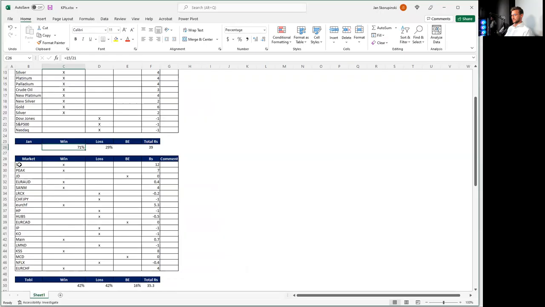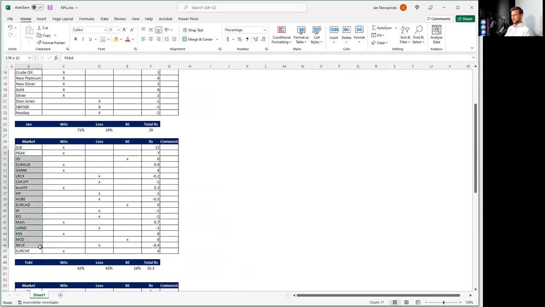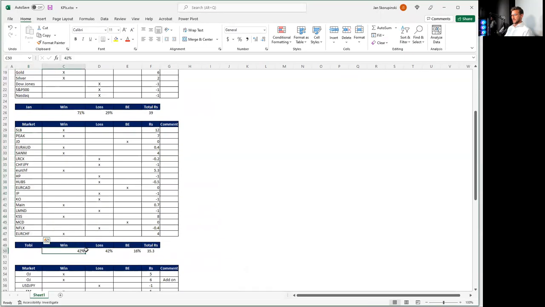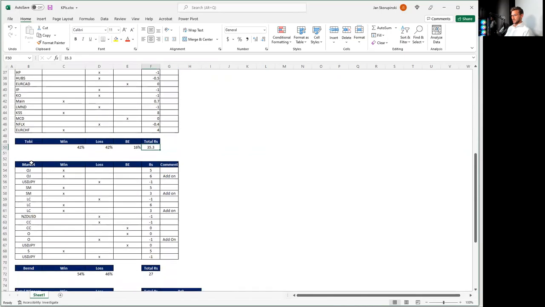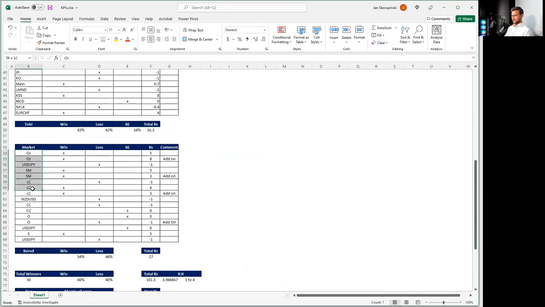And Toby also looked at his trades. These are Toby's markets. Toby also had quite a solid win to loss ratio, where every second trade was a winner. He collected a total of 35 Rs in his session. And Bernd, as we talked about last time during the DMO, has markets orange juice, live cattle, and majors.